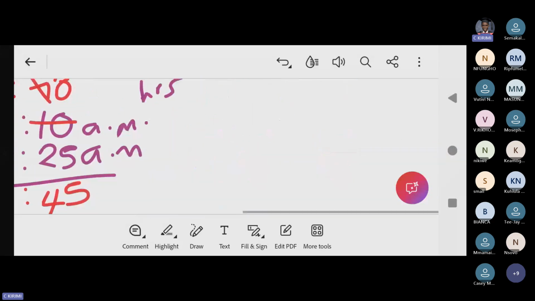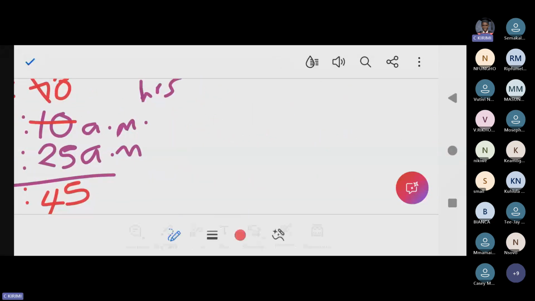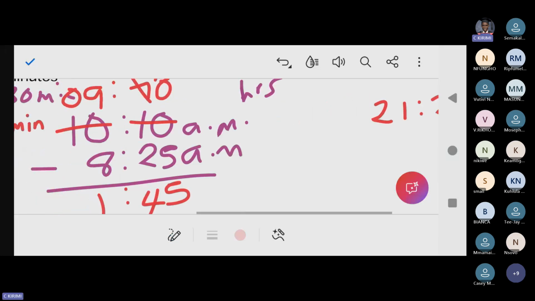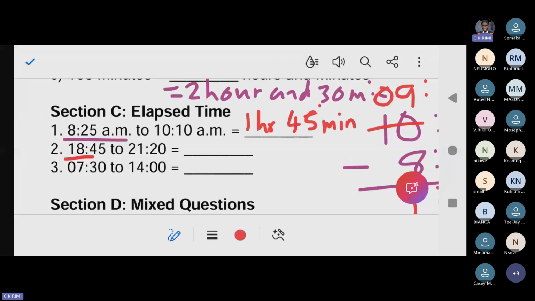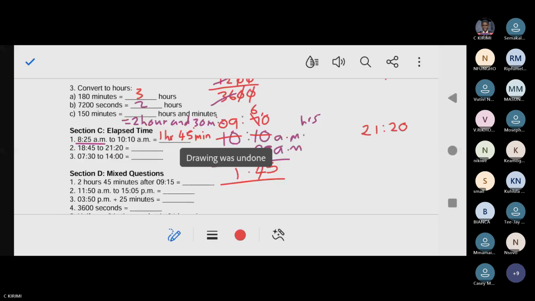Let's subtract that one together. So 21 hours, which means this time in 12-hour notation is 20 past 9 in the evening. Then you are subtracting from this 1845, which means it's quarter to 7 in the evening.